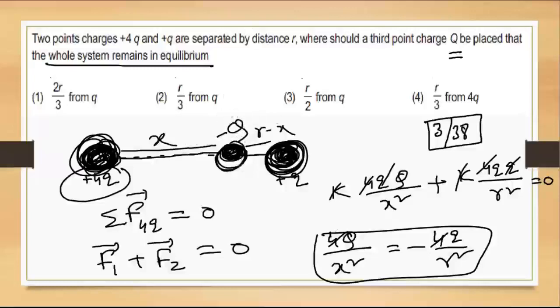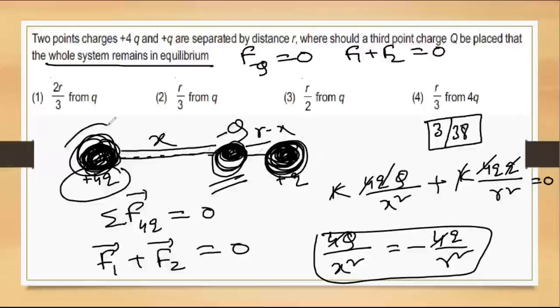Say I am taking now the equilibrium of that minus Q. Again, I am repeating for minus Q, F1 minus Q must be 0. How many forces are there on minus Q? There will be two forces, F1 and F2.